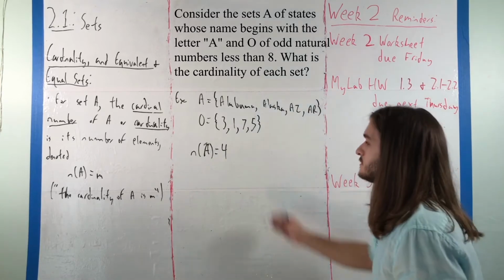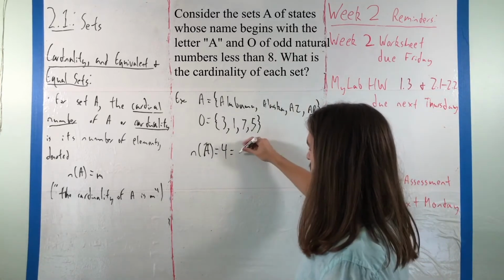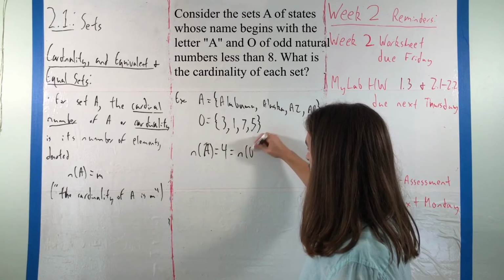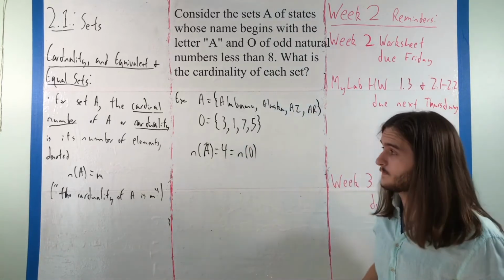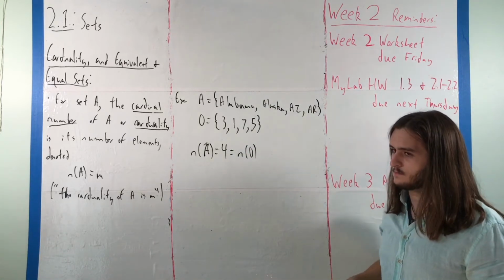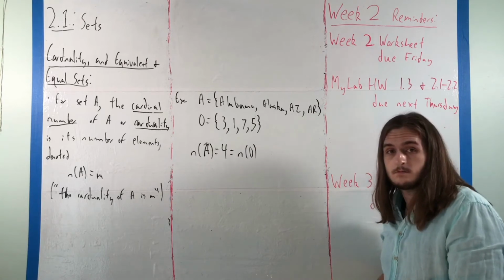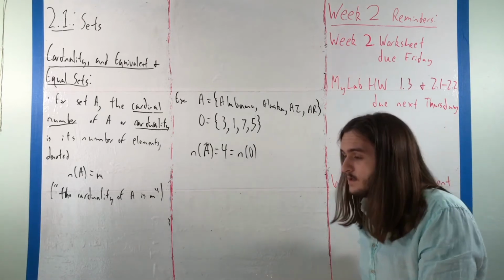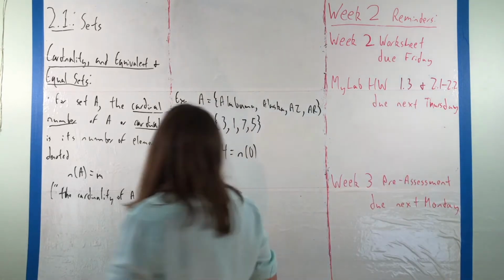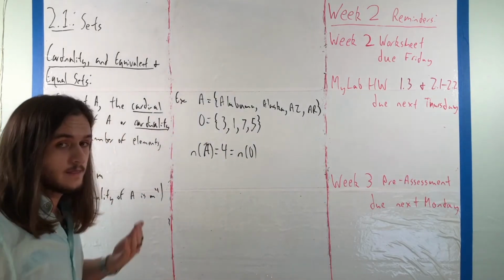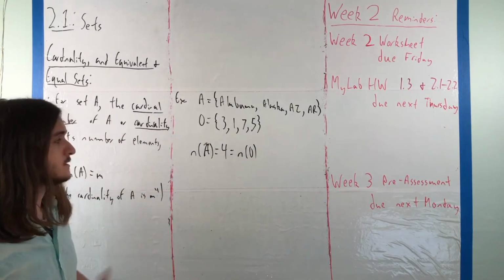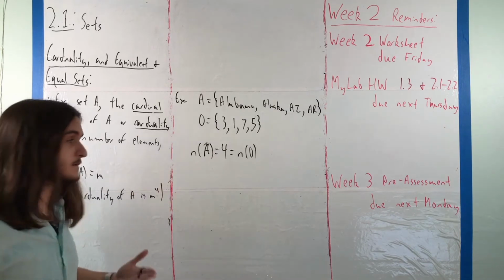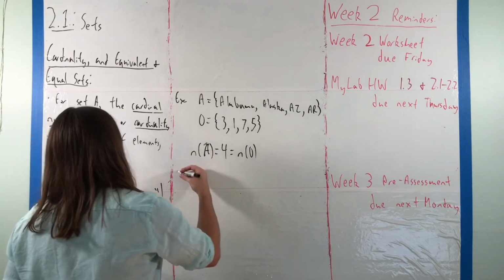And in this case, cardinality of O is also 4. It certainly would be nice if there was a way to talk about two sets having the same number of elements. And there is.